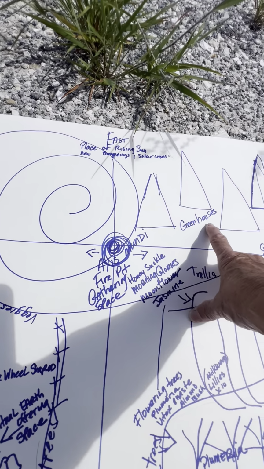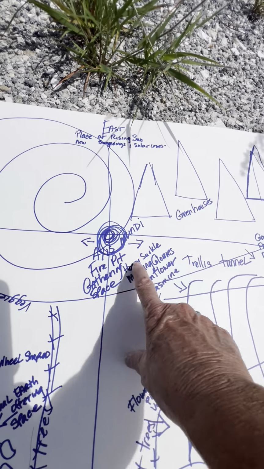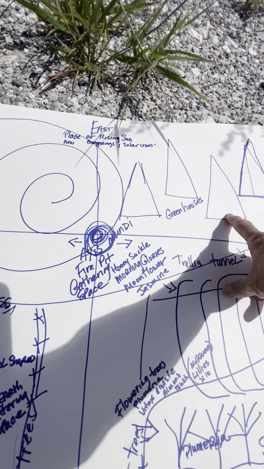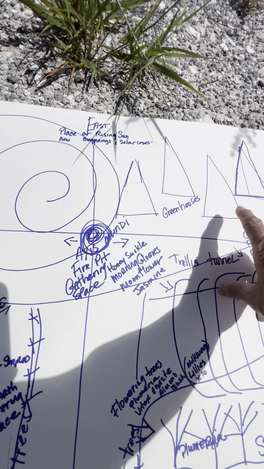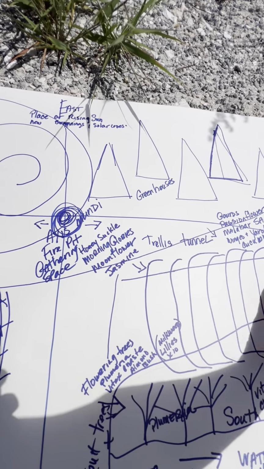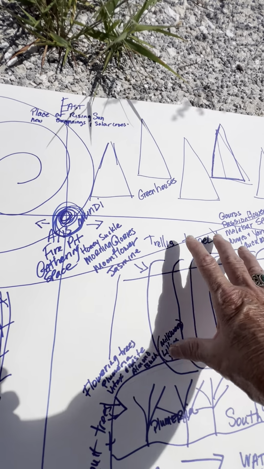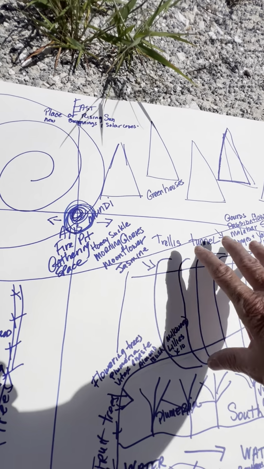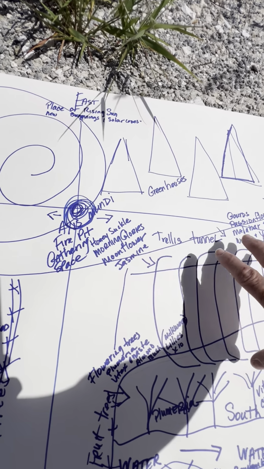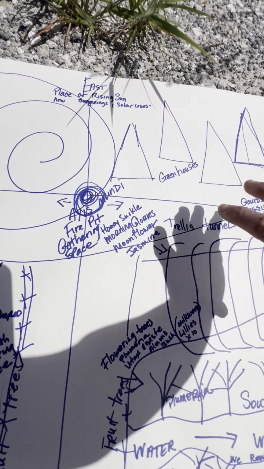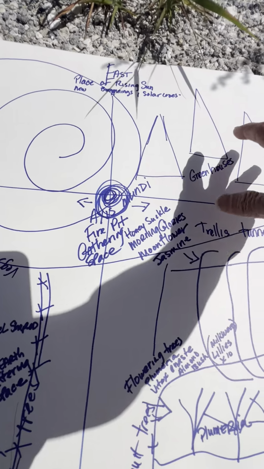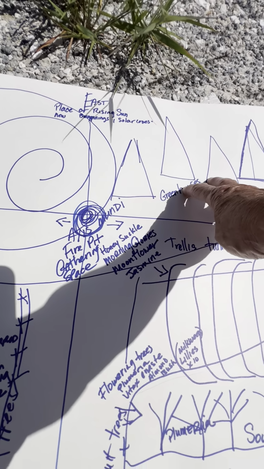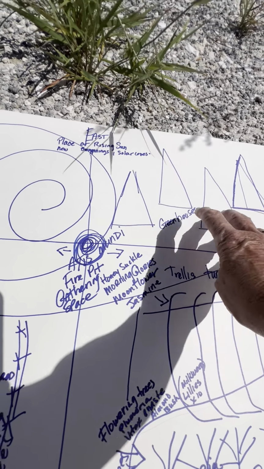Okay. And then over here to the right, to the east side, this gate is kind of off. It's not quite southwardly, it's more southeastwardly. But in the eastern portion up here is where we're going to put all of the greenhouses.